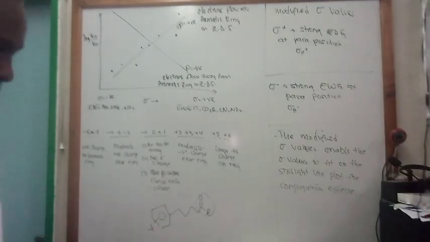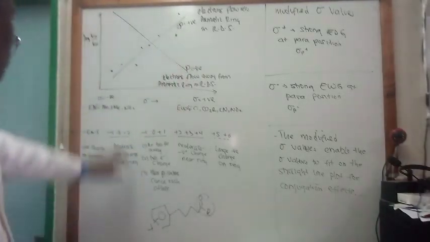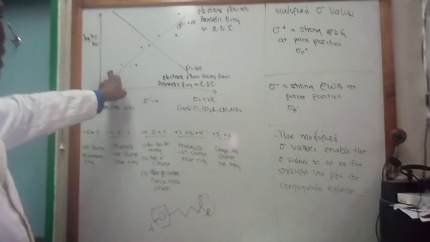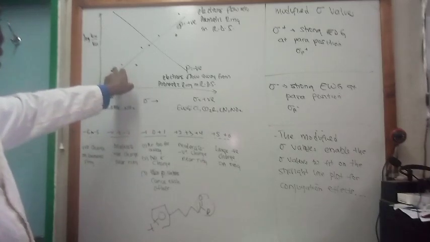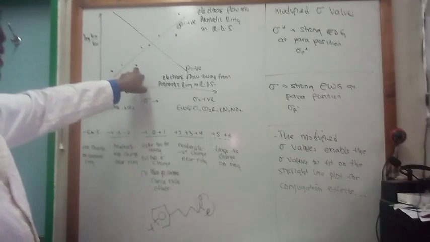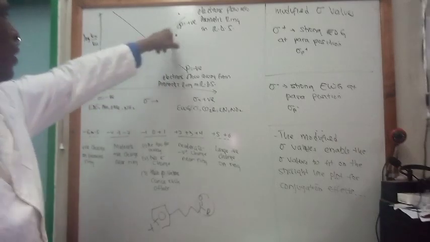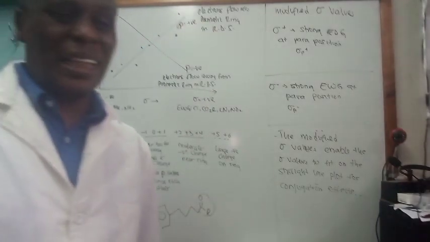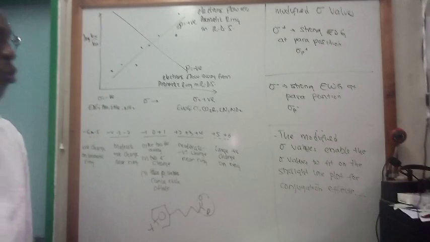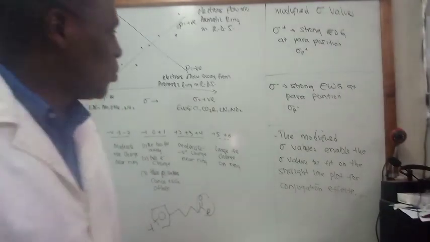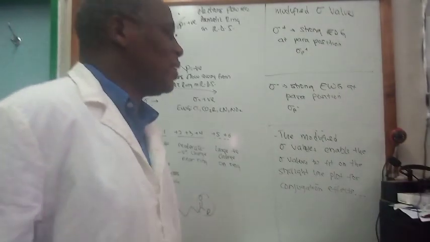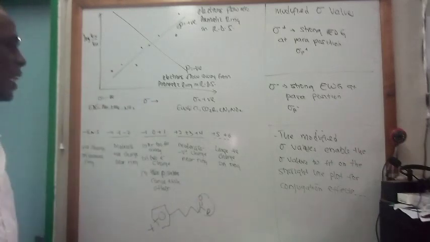So rather than dismiss these plots as values which are not fitting along the line, what scientists did was to find out the reason why they are not fitting on the line.